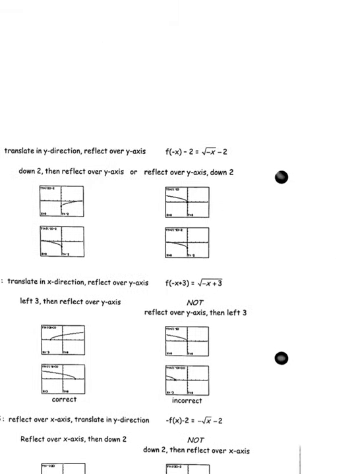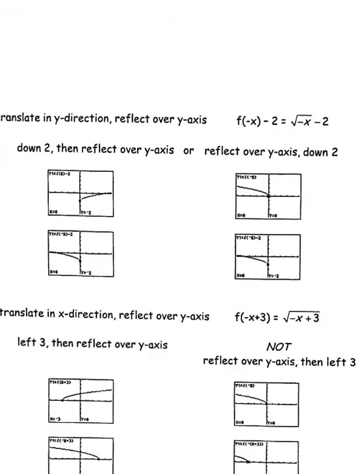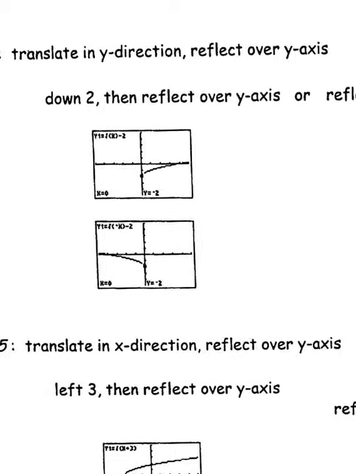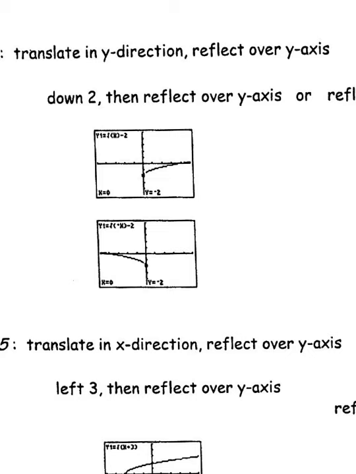Now, if we have a reflection on the inside and a translation on the outside, if we first shift down 2 and then reflect, what would that look like?